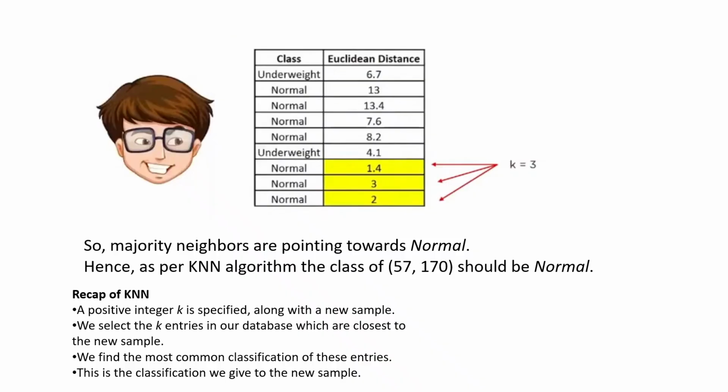One is 2, 3, 1.4. So very low value is 1.4, then 2, then 3. If you are looking for other values, all are more than that. Even if you are having a 4.1, which does not come under the lower 3, we have not chosen that particular value. So the lower 3 values we have chosen for the voting.